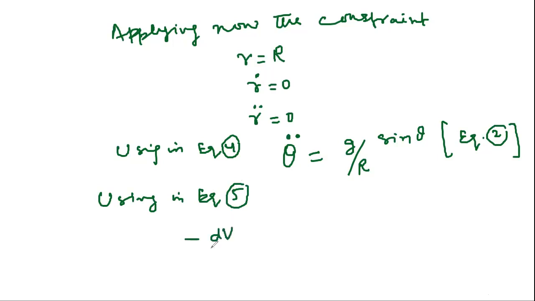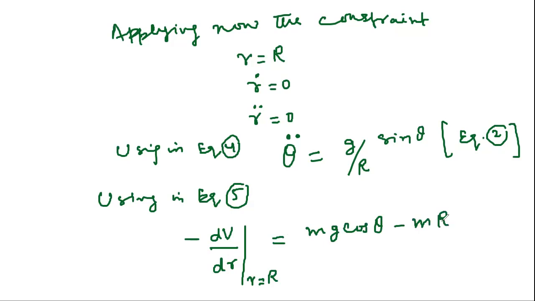Minus dv by dr at small r equal to capital R. We're restricting small r to be equal to capital R. It is equal to mg cos theta minus mr theta dot square. I named this 6.